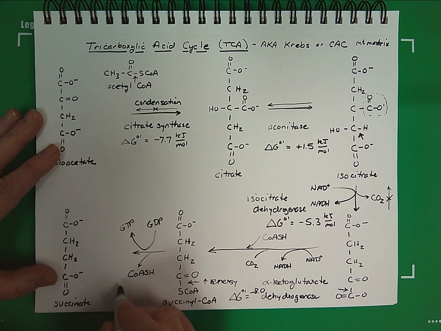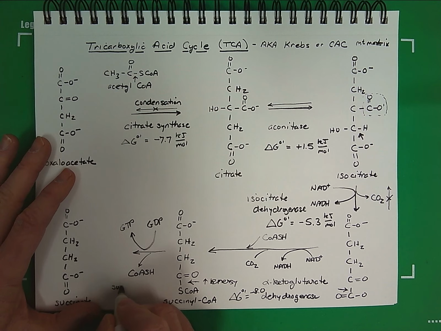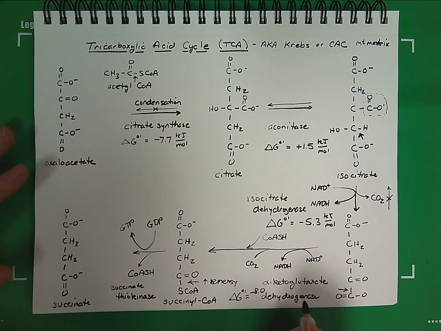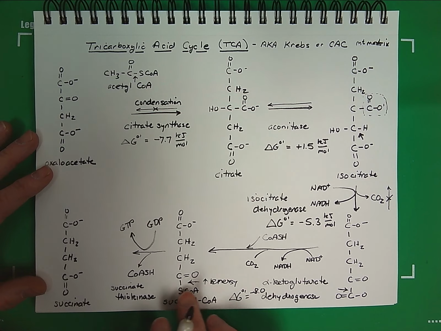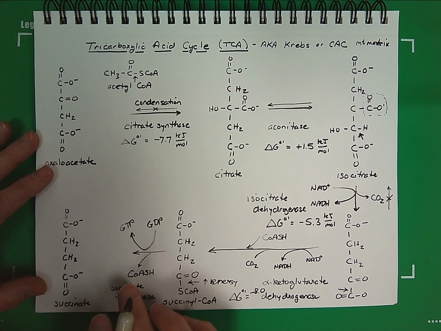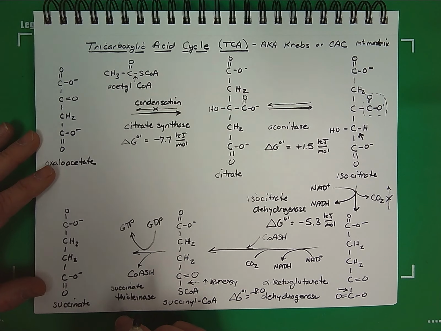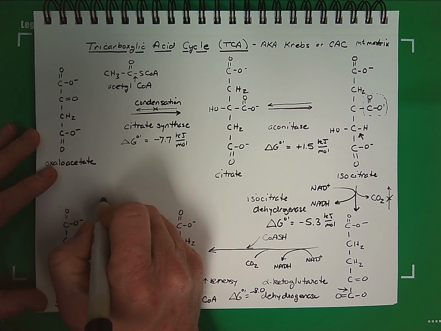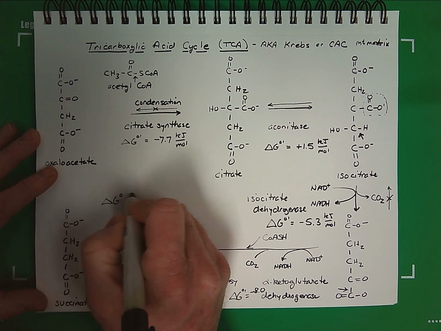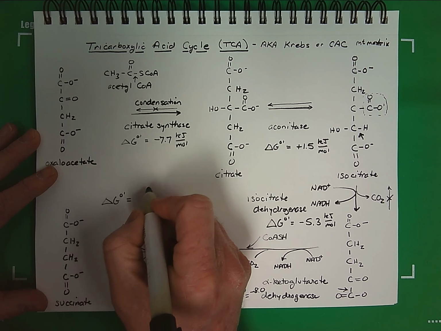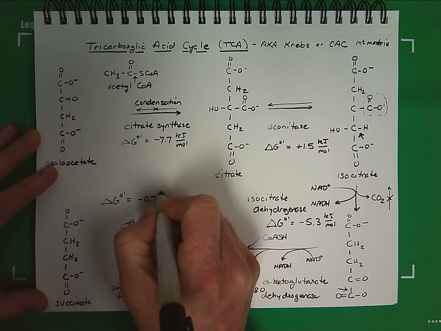Now this enzyme is called succinate thiokinase. Now you might think, because there's energy involved in this reaction, that the delta G 0, the standard free energy, is going to be a very high value, but actually it isn't. The delta G 0 prime is actually negative 0.7.